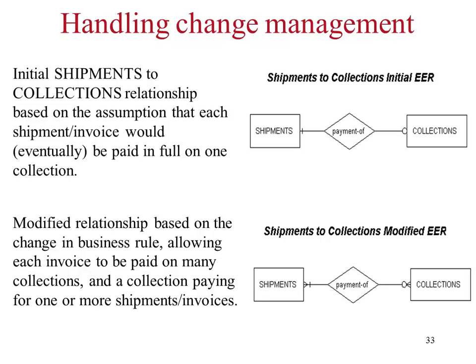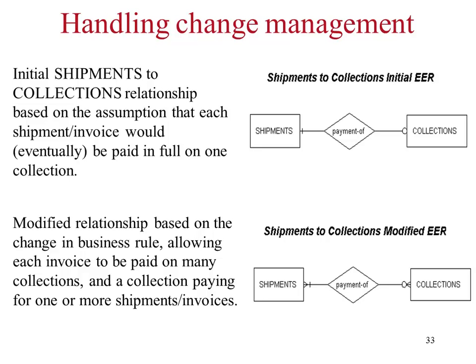The point here is you don't have to change much. You create a new table for this relationship, because the relationship is many to many, and you populate this table based on your previous tables. You copy information from shipments to shipments, from collections to collections, and for this relationship table, you put a combination of primary keys from both tables.